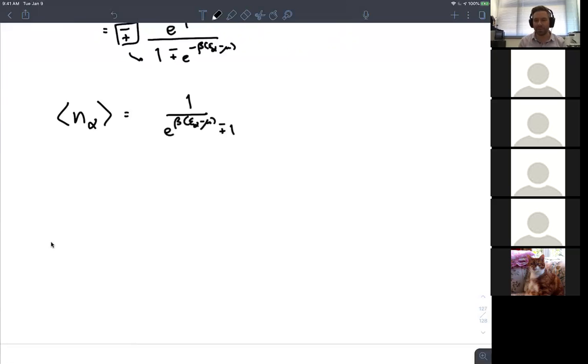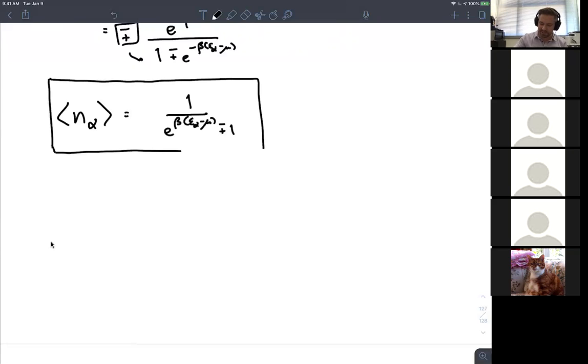Whether you choose the minus sign or the plus sign depends on whether you're talking about bosons or fermions. So this is our average occupation number of each energy level. Once we're done deriving everything, we're going to talk about what this means, but for now, that's the answer.